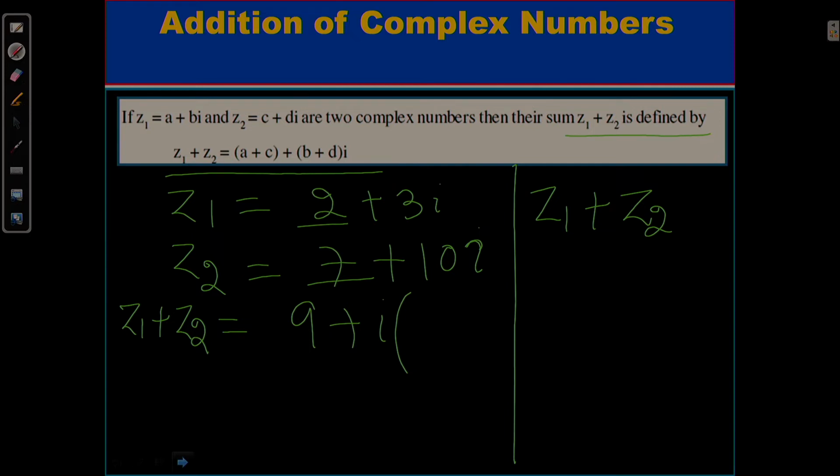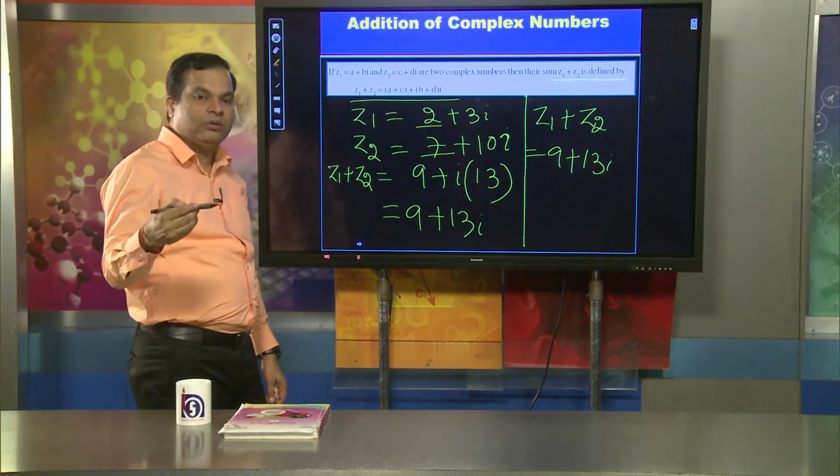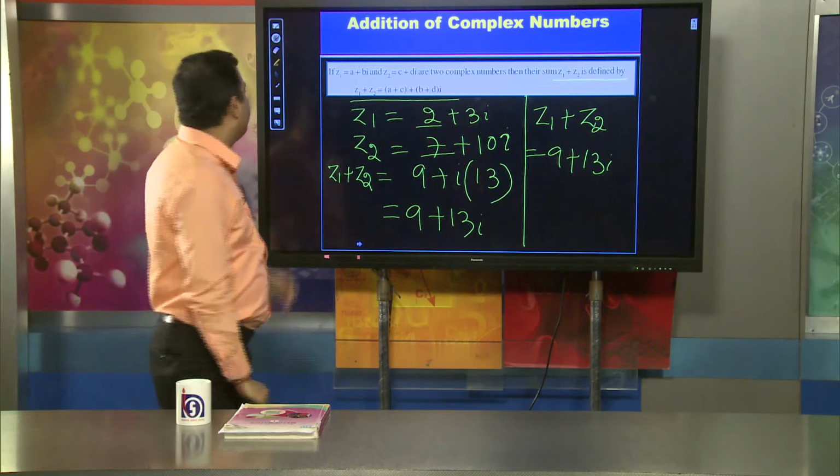Both the imaginary parts of the complex numbers will be added to each other. That means 3 plus 10, which is equal to 13. So simply it is 9 plus 13i. So the value of Z1 plus Z2 will be 9 plus 13i. This is the way to find the addition of two complex numbers.